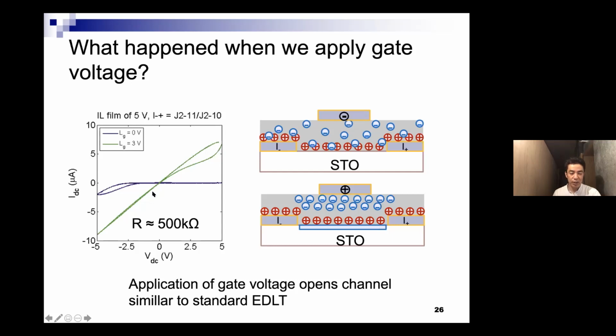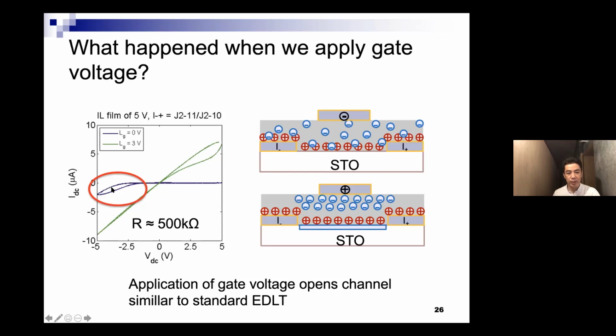So this green line is after we apply the gate voltages. Just applying the voltage, the electrons are accumulated at the interface of the STO. But if you see this side, it is like this way.